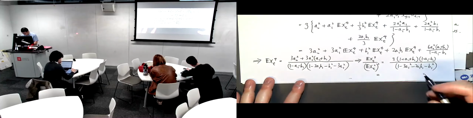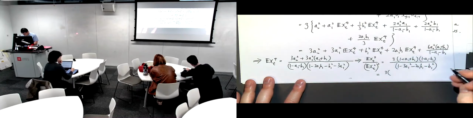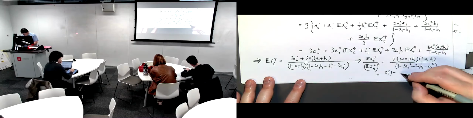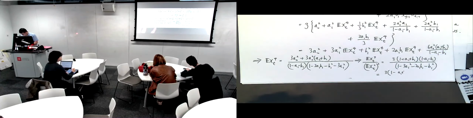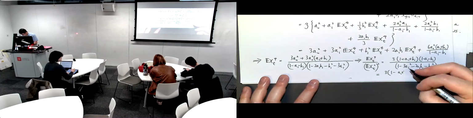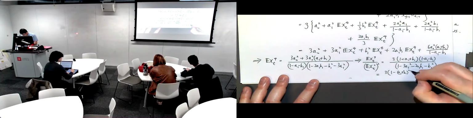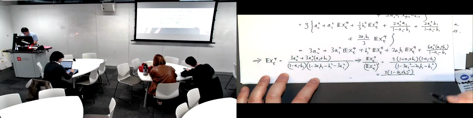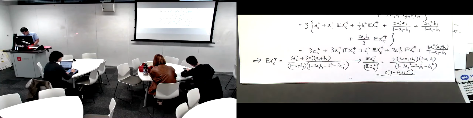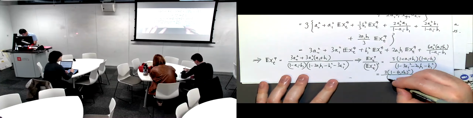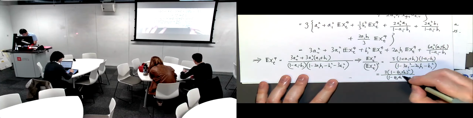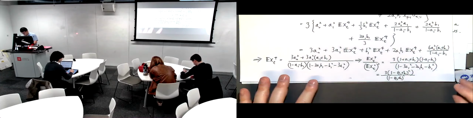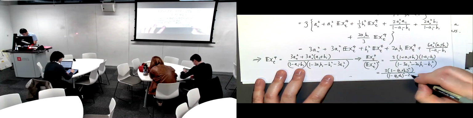Well, this equals 3 times 1 minus a1 plus b1 all squared, and then divided by 1 minus a1 plus b1 all squared minus 2a1 squared.